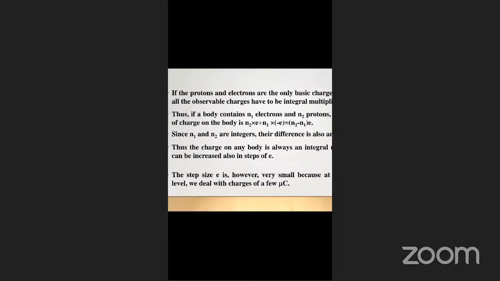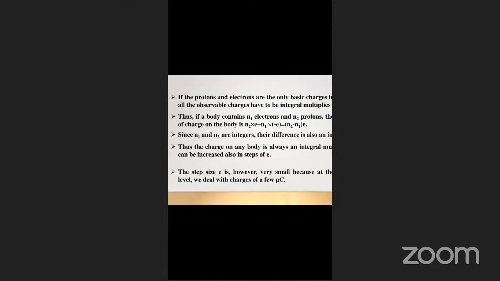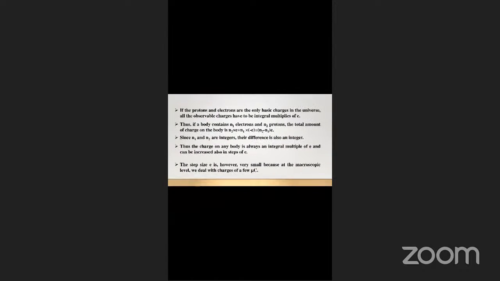Thus, if a body contains N1 electrons and N2 protons, the total amount of charge on the body is as follows. Already in yesterday's class we discussed that the sum of the charges is equal to the individual charges, Q is equal to Q1 plus Q2 plus Q3 and so on.